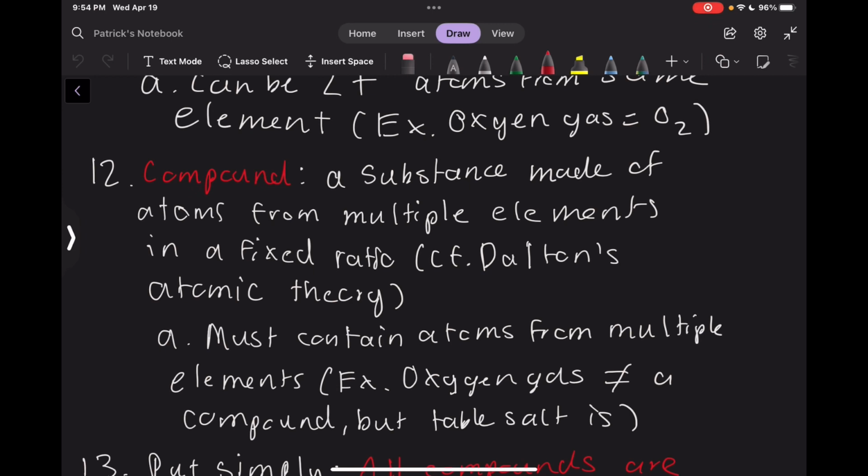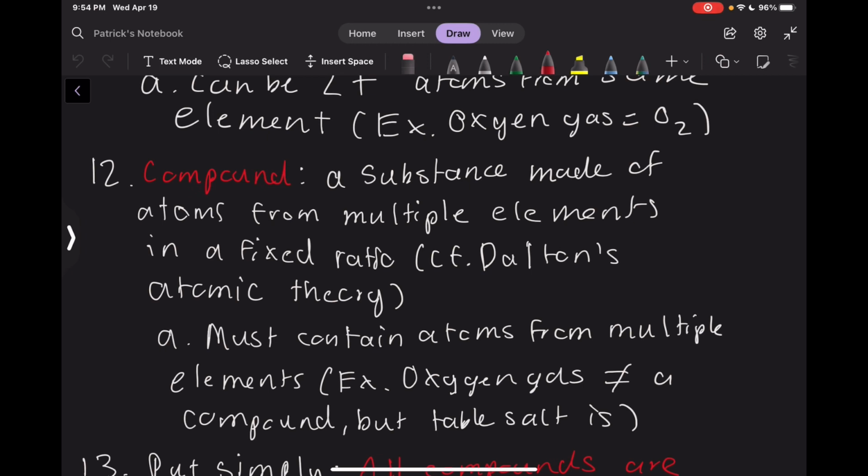Something like table salt, by contrast, is considered a compound because it contains 1 atom of sodium fused to 1 atom of chlorine. This explains why the technical name of table salt is sodium chloride. Secondly, there is the notion that compounds always exist as a fixed ratio of atoms from different elements. Sodium chloride, or NaCl, will always contain 1 atom of sodium and 1 atom of chlorine.